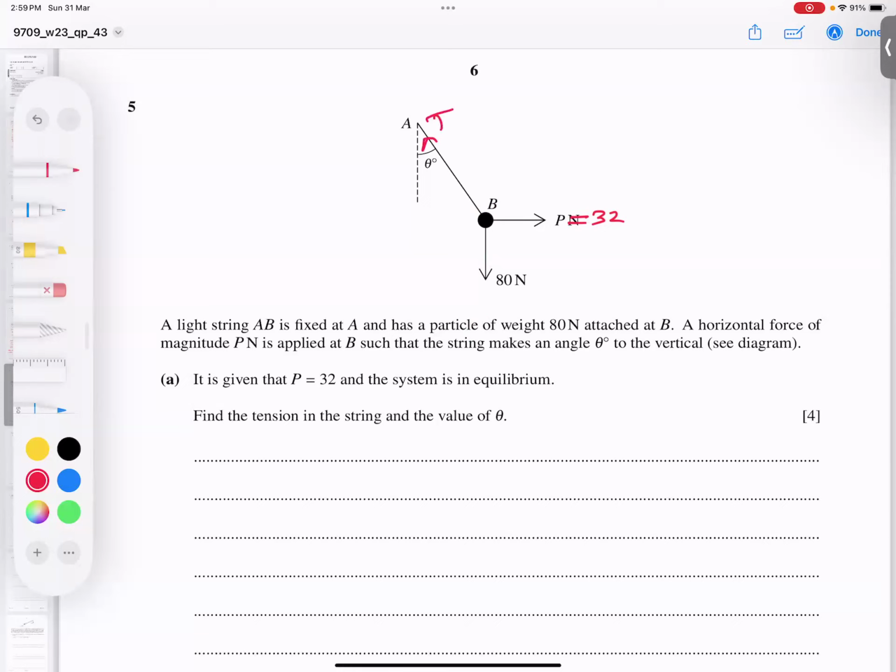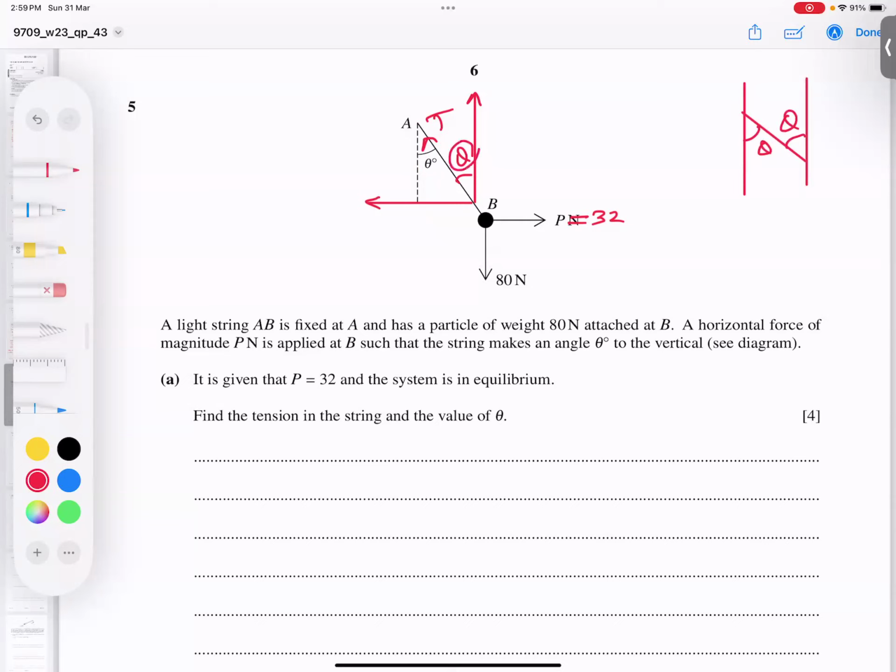So tension upwards, this force acting this way at an angle theta, and one force acting this way. Do you know this line? These are parallel, so this theta and this theta are the same. Whenever two lines are parallel to each other, this is theta, so this is theta.